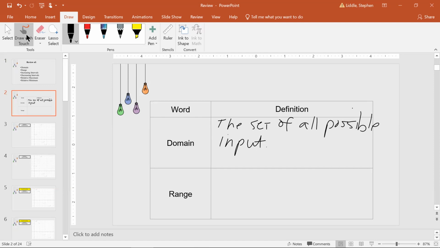That's the official definition. Another way to look at domain is the X value on the graph.